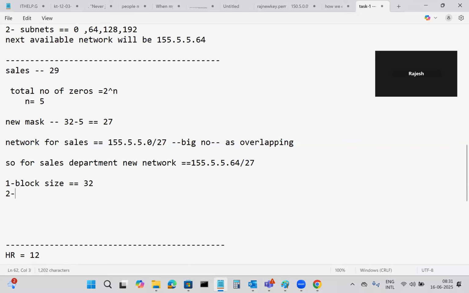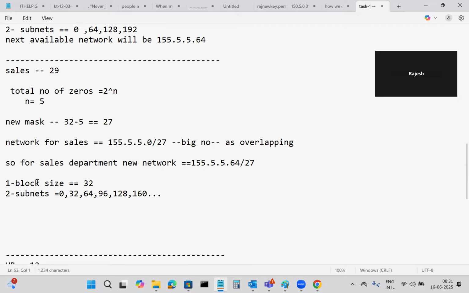Correct? And what will be my subnets? It will always start with 0, then 32, then 64, then 96, right? And then 128, and then 160, like that it will go on.